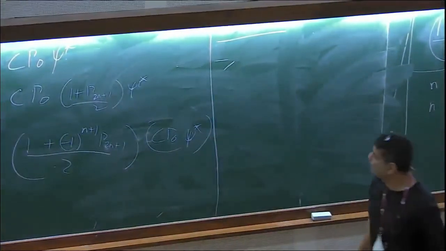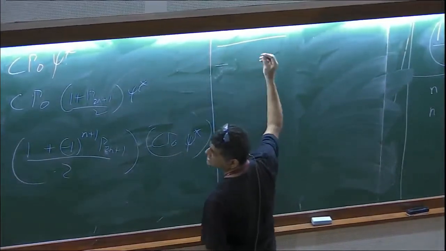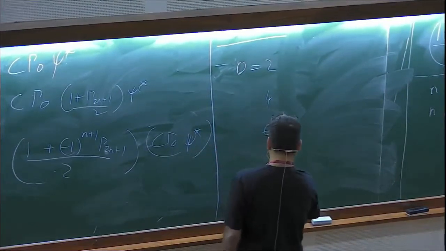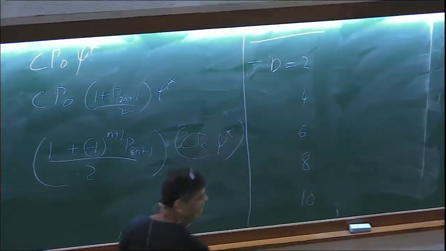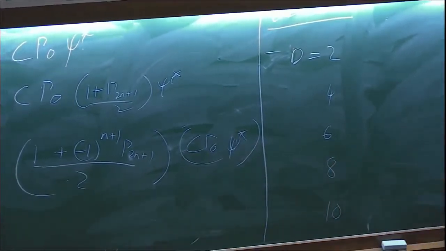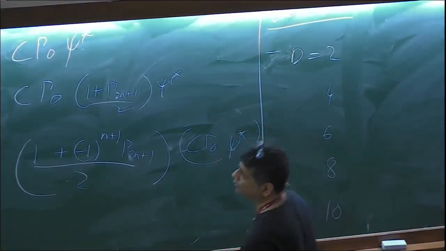So let's write our table now for even dimensions. Let's do D equal to 2, 4, 6, 8, 10. I don't really need the 10, it's the same as 2, but because 10 is an important dimension, I'll write it separately anyway. So what had we found?